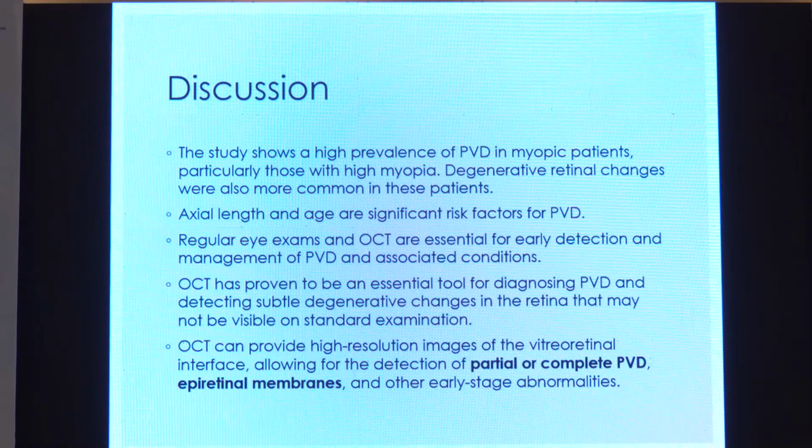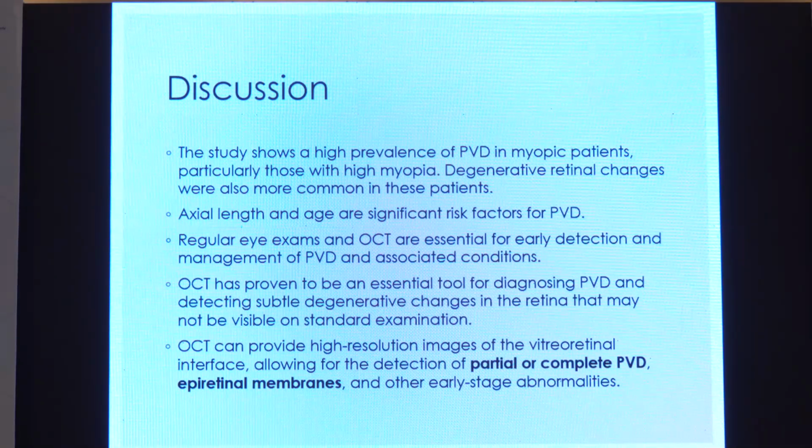Coming on to the discussion, the study shows a high prevalence of PVD in myopic patients, particularly those with high myopia. Degenerative retinal changes were also more common in these patients. Axial length and age are significant risk factors for PVD. Regular eye exams and OCT are significant for early detection and management of PVD and associated conditions.